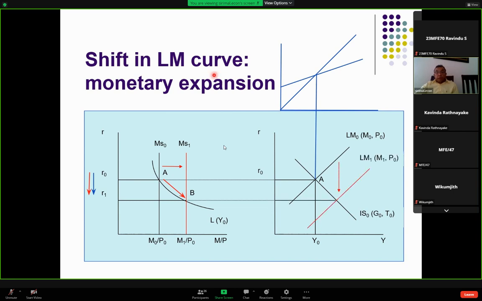So we extend that line here and show the increase in the money stock by shifting this line down. Why do we shift it downward? Because it affects the intercept.